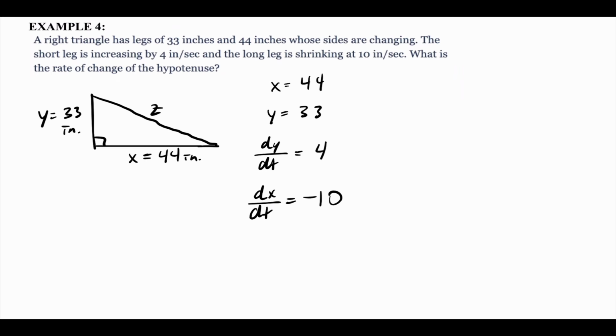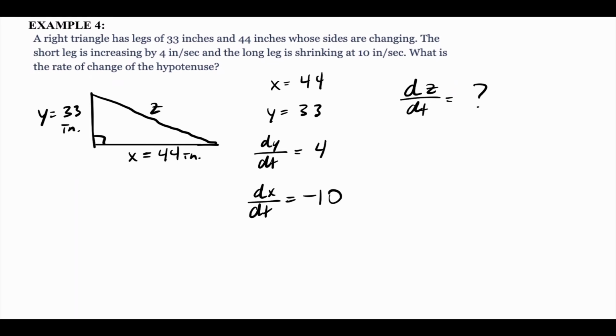What is the rate of change of the hypotenuse? So how would I label that? dz/dt equals question mark. That's what I want to know: the rate at which Z is getting bigger or smaller. So what is an equation that would relate all of those different things and give me hypotenuse length?